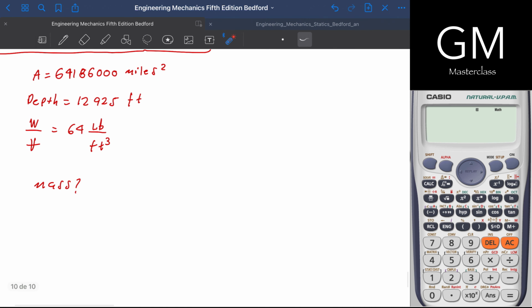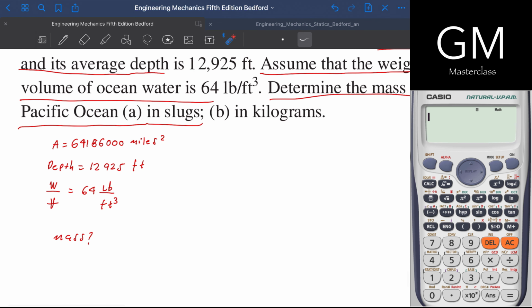The first thing that we have to analyze here is that I am dealing with different unit systems. I have a mile here, a feet, a pound, a feet, and the final answer I have to give in kilograms.